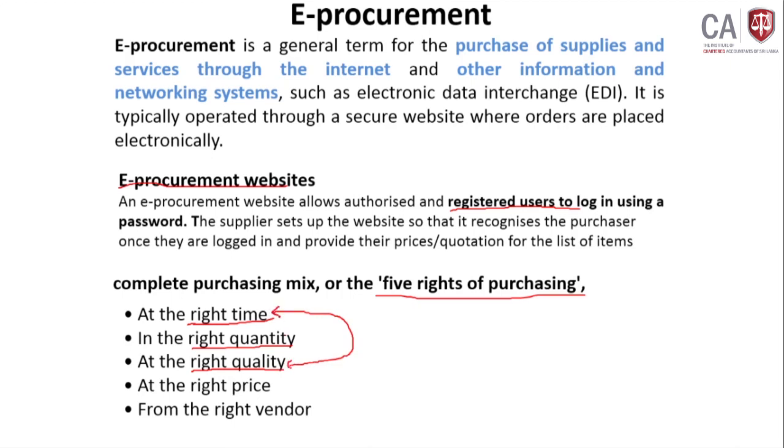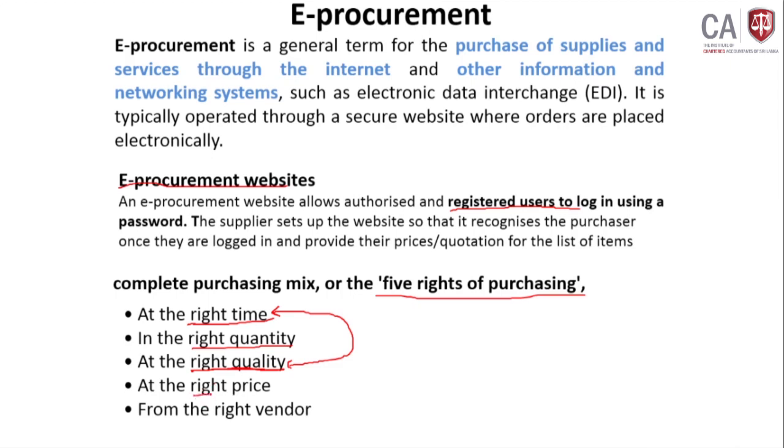If you order goods instantly, sometimes the material provider cannot supply quality materials quickly. They get hurried and provide poor quality goods. So in good procurement, we should have the right quality goods. Otherwise, the end products will not have the quality features.